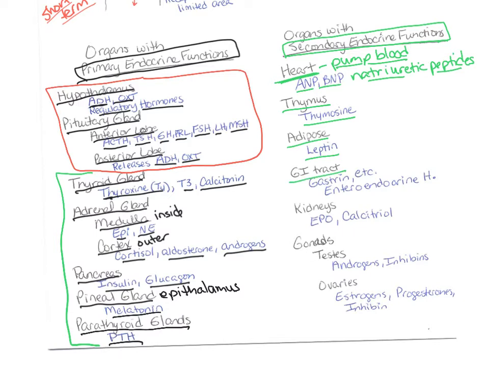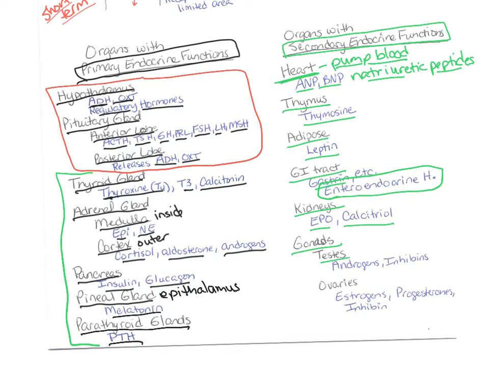The GI tract, its main job is to digest food, for motility, to push food through the intestines, and for absorption, but it also releases what we call enteroendocrine hormones. Gastrin is an example of that. Then there's the kidneys. Their main job is to filter blood, but they also release erythropoietin and calcitriol. And then there's the gonads.